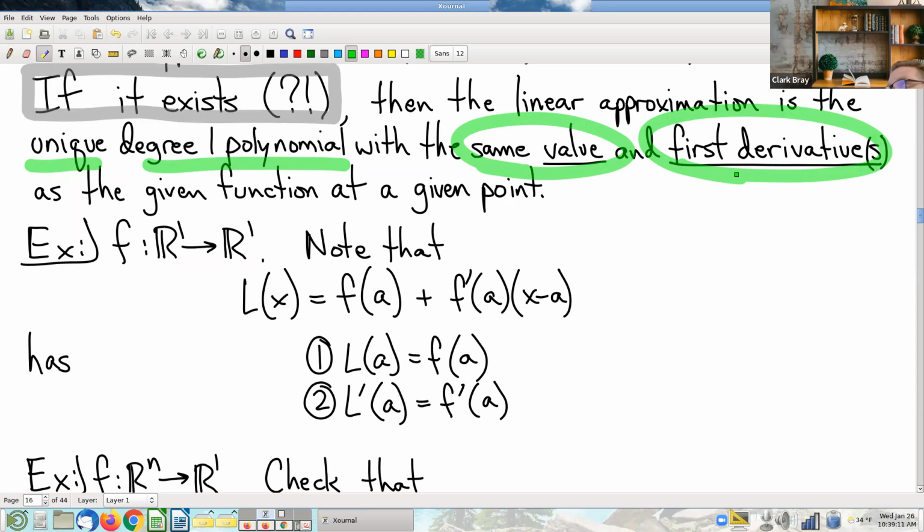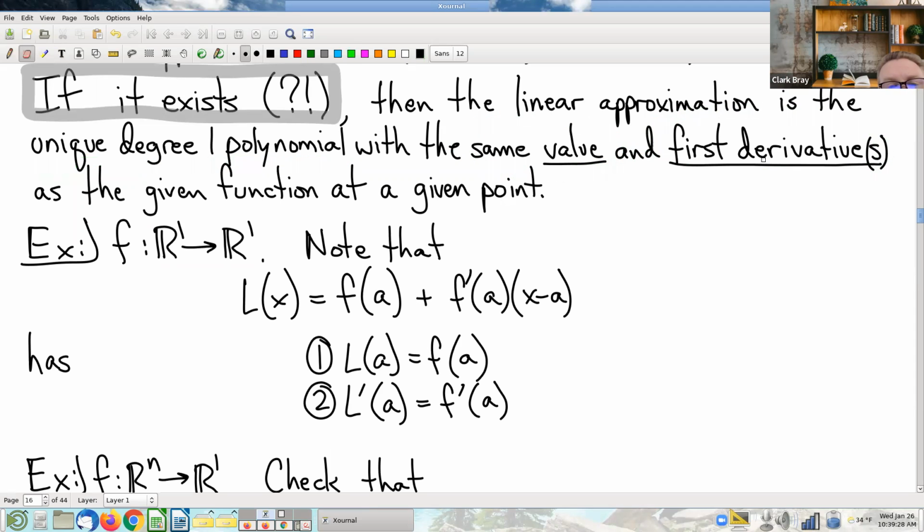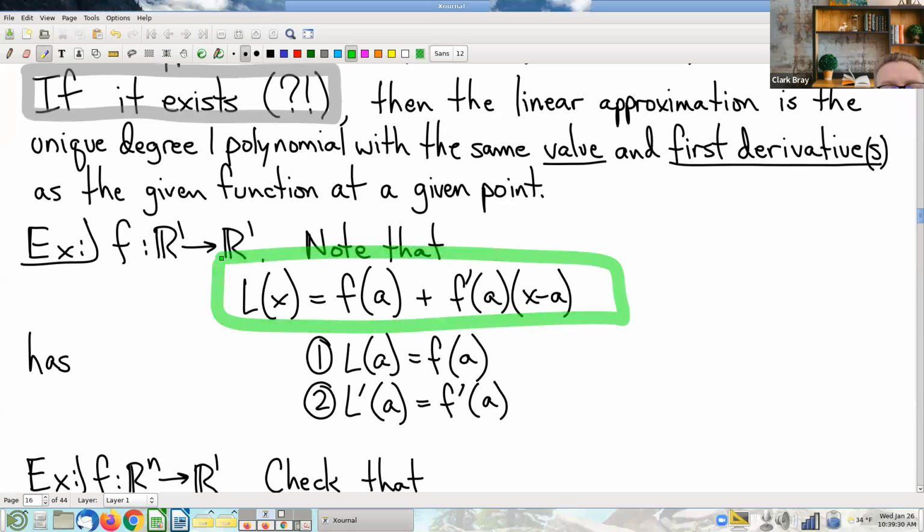In other words, this is the function that mimics f as best as possible, given that you're looking at a degree 1 polynomial. Among lines, this mimics f as best you can. So how would I confirm that this is the linear approximation to f?